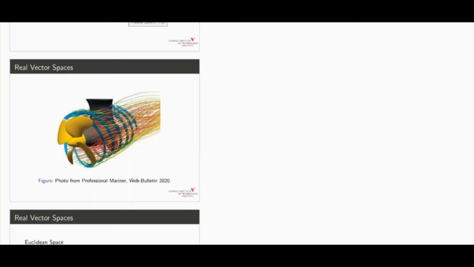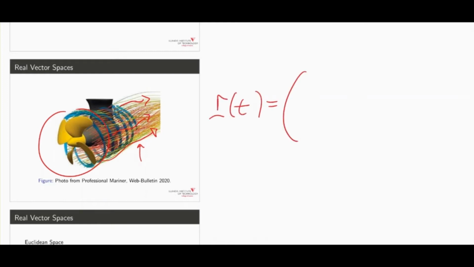All right, vectors can also be non-static. For example, if you want to represent the flow of a particle of a fluid past a propeller, you can see we can also indicate all that through the use of vectors. But now your vectors will actually be a function of time, so this will be something that looks like this.